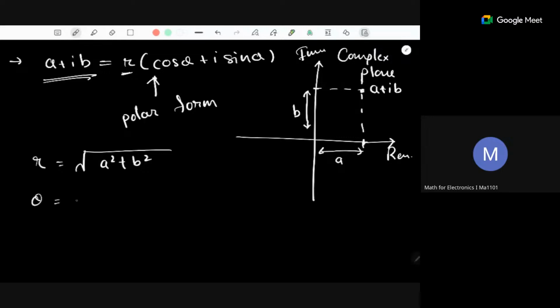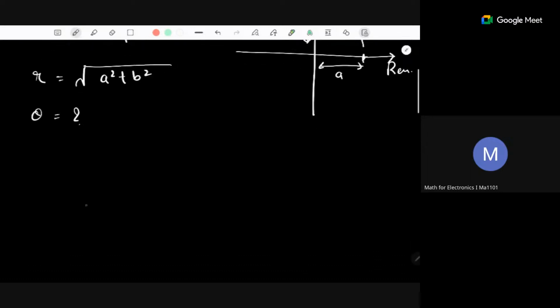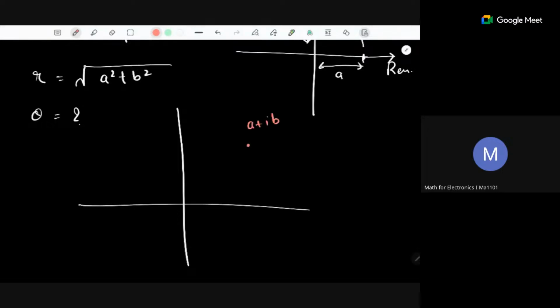And what is the angle theta? Suppose we have a point here, suppose this is our point a plus ib. Then we can compute this particular distance, and this distance is nothing but r. We can also figure out how we got the formula, the square root of a square plus b square, by creating a right angle triangle over here.